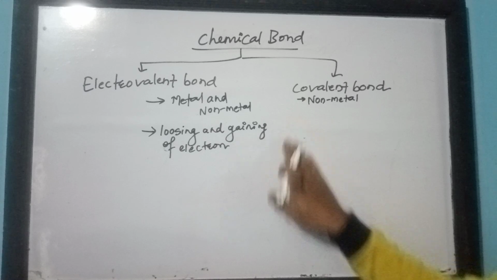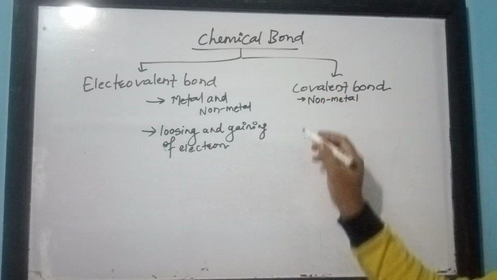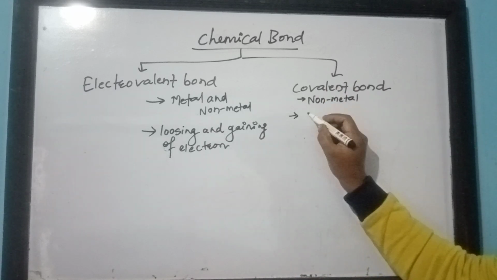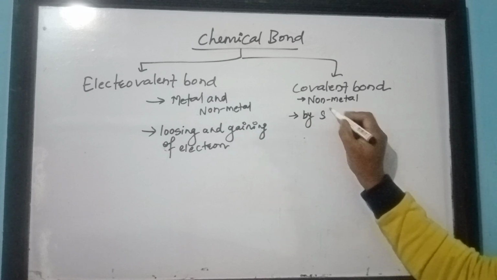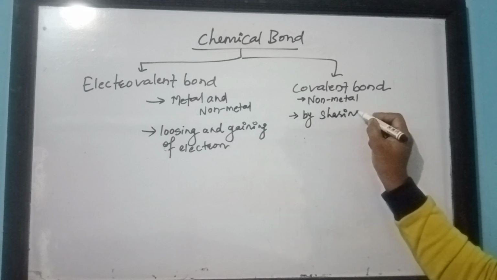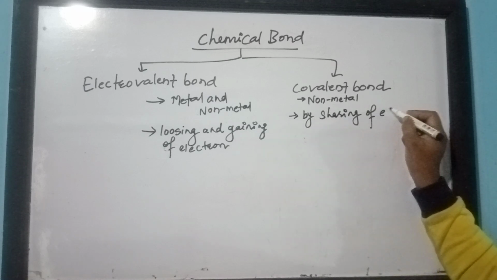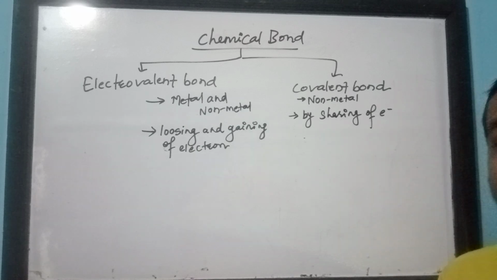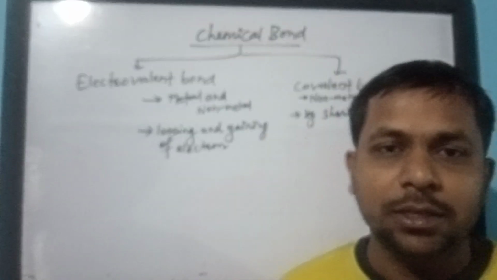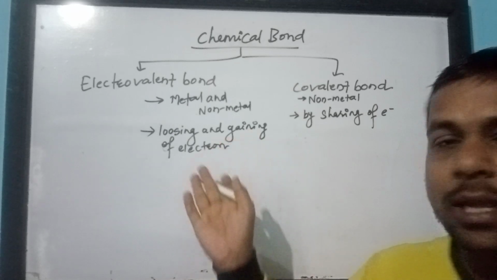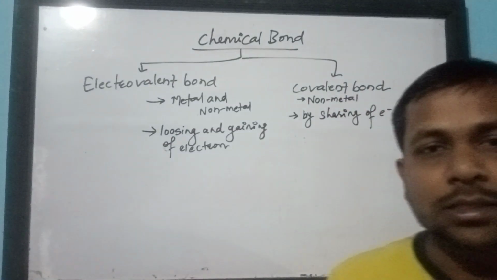And the covalent bond is formed by sharing of electrons between the atoms. Okay, you can take a screenshot of this.